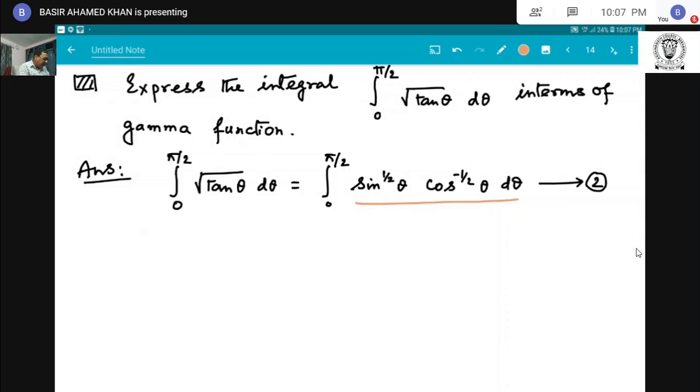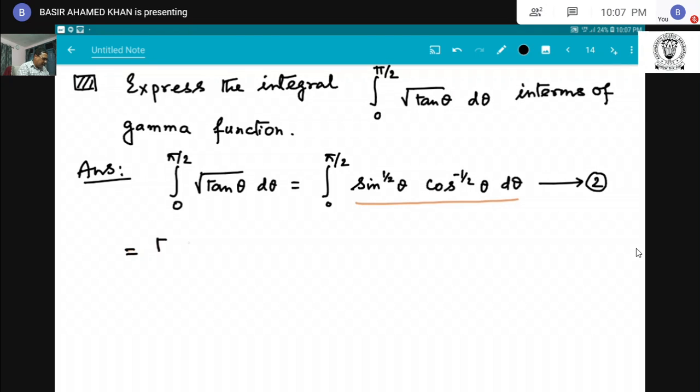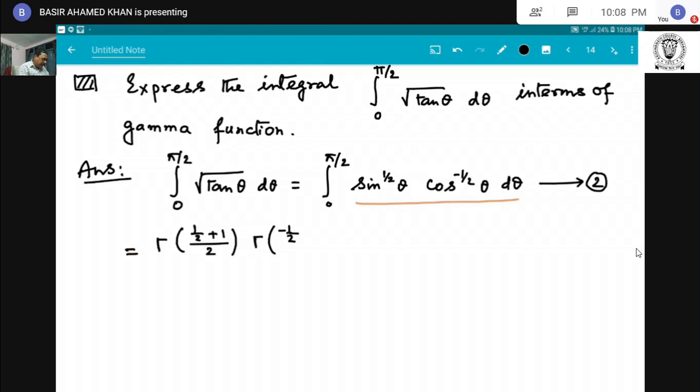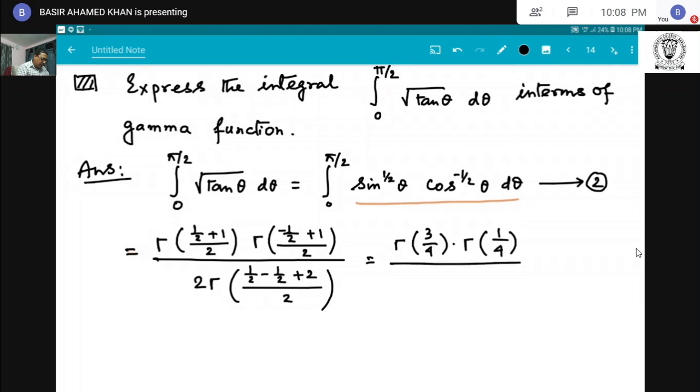So this equals gamma of (half plus 1) divided by 2 into gamma of (minus half plus 1) divided by 2, and in the denominator 2 gamma of (half minus half plus 2) divided by 2, equal to gamma 3/4 into gamma 1/4 divided by 2 gamma 1.